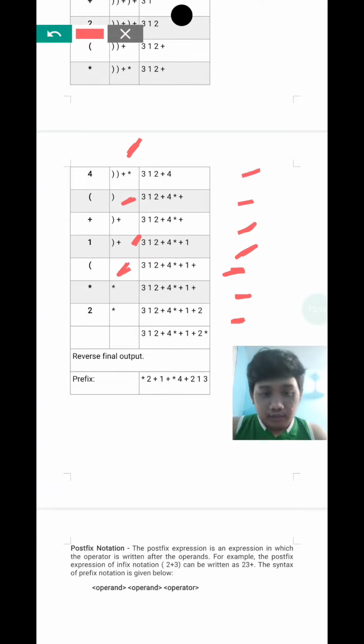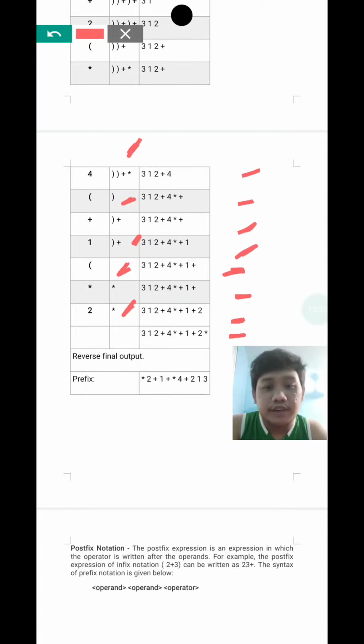So next is to pop the remaining operators from the stack and append them to our output. Since what is left in our stack is times, it is appended to our output. Our final output is 312 plus 4 times plus 1 plus 2 times.